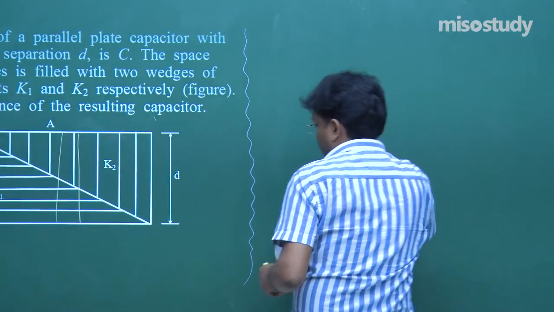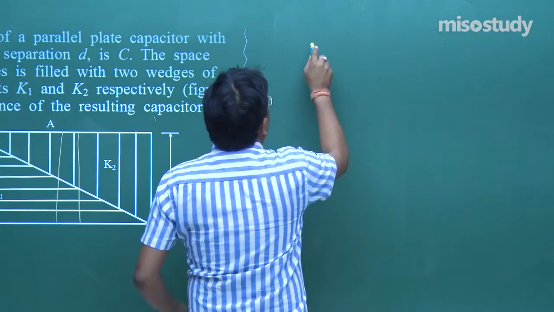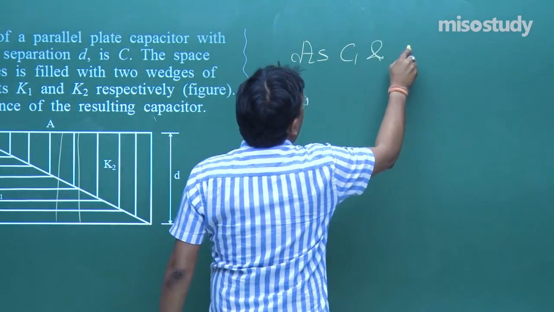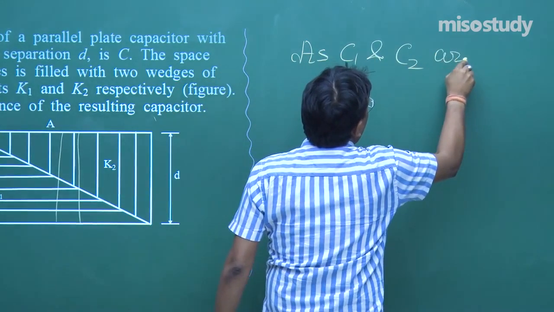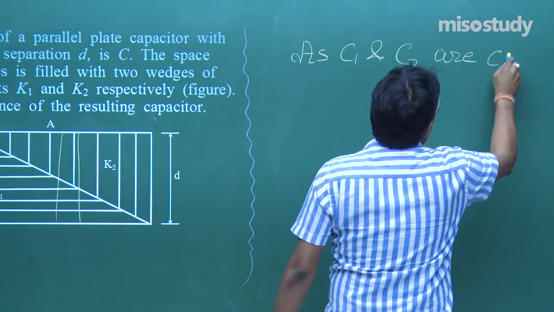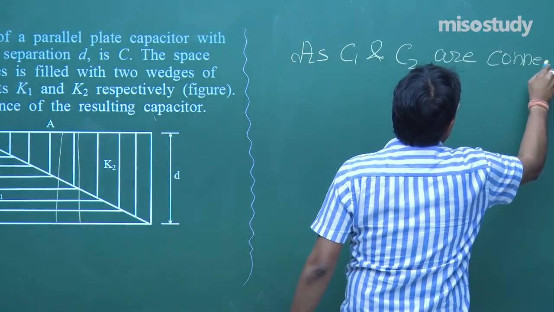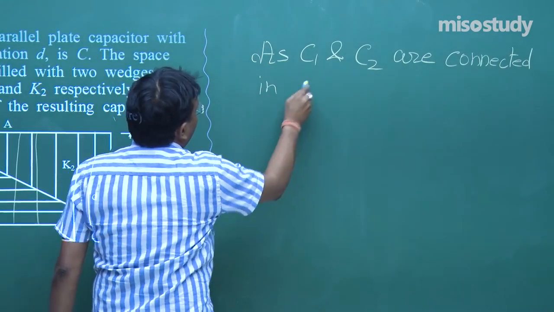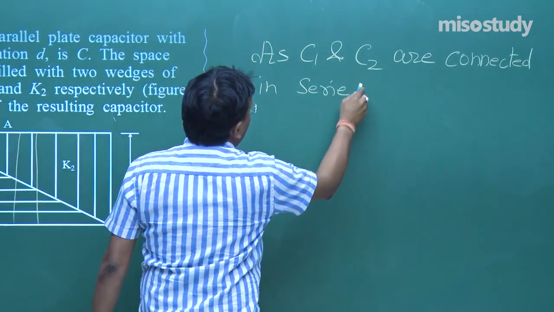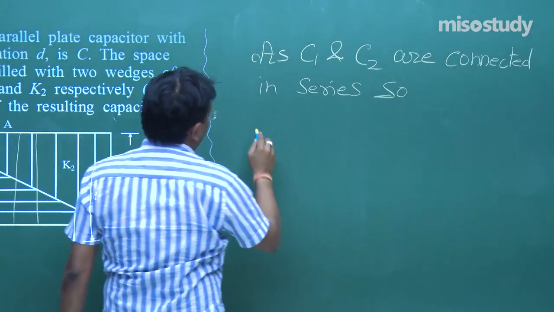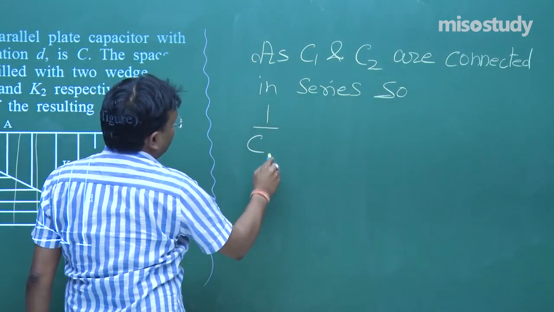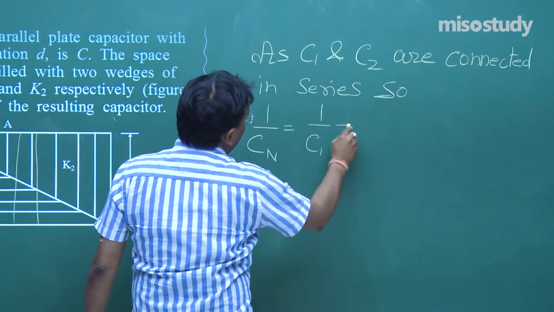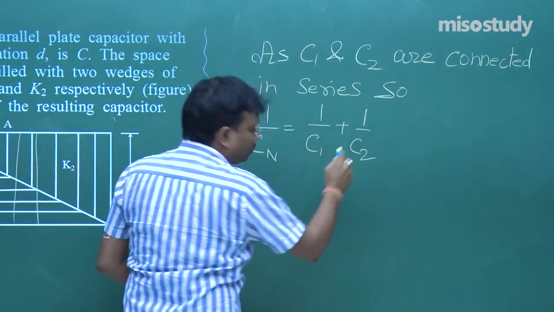That is, as C1 and C2 are connected in series, 1 upon C net is equal to 1 upon C1 plus 1 upon C2.